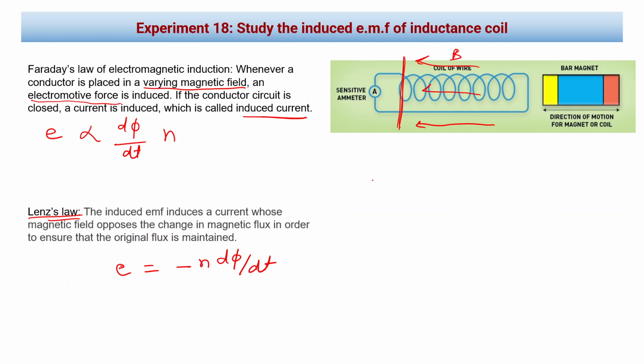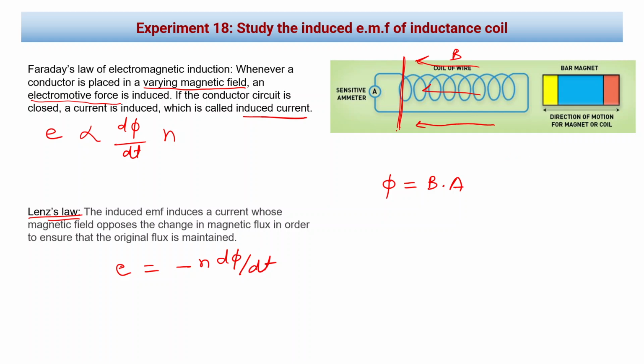Now, as we discussed, the magnetic flux is B times A. As I said, this magnetic flux is the magnetic field passing through the perpendicular area. So you may be aware of something called the area vector.